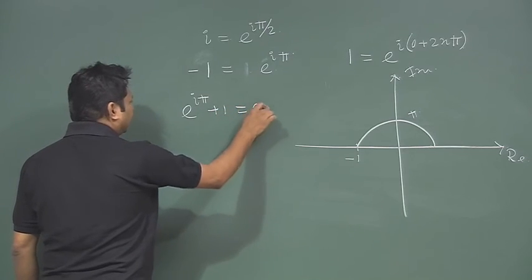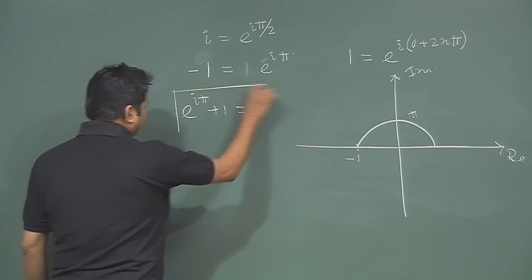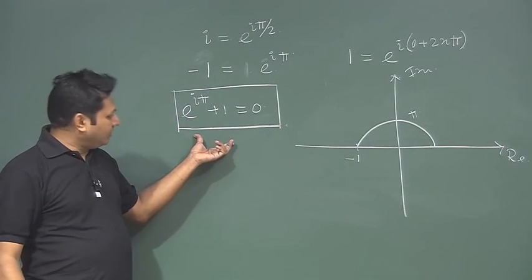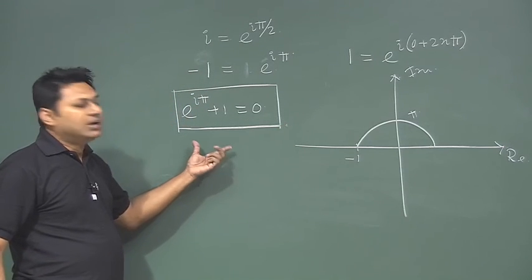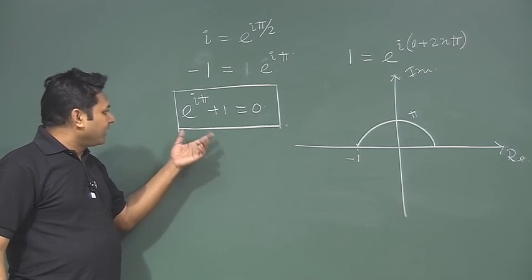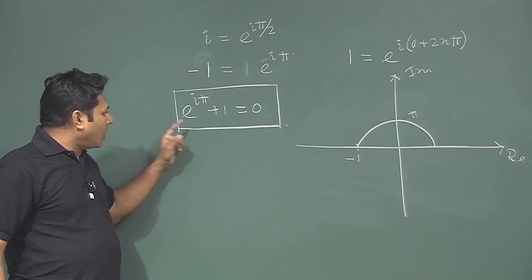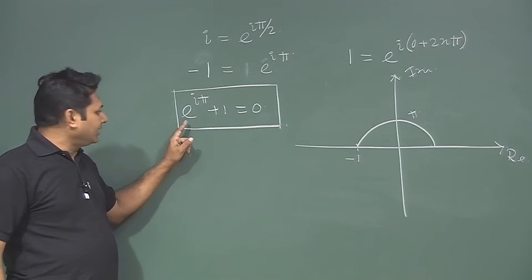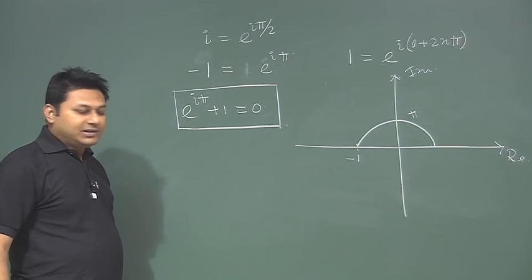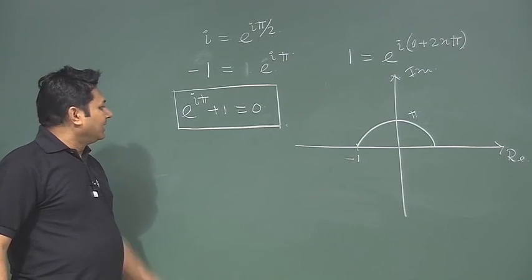But the interesting thing is this equation, e to the power i pi plus 1 is equal to 0. This is a very famous and important equation. I would like to finish this class with a note and try to make you aware that all the important terms in physics as well as in math are here.